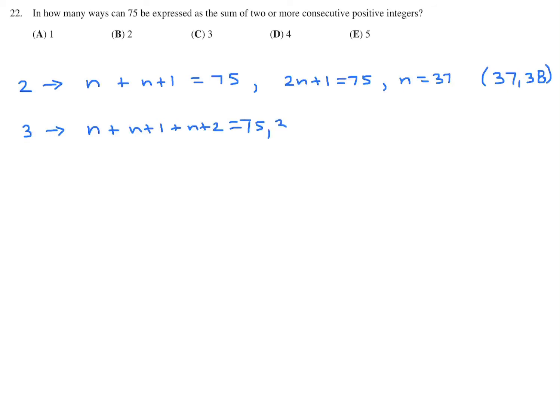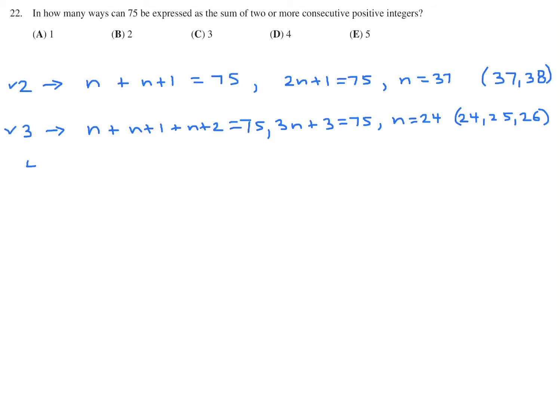So this looks like 3n plus 3 is equal to 75, and therefore solving for n, you'll get n is equal to 24. So this gives us 24, 25, and 26 as 3 integers that, when you add them up, give you a sum of 75. So we've got another way. One way, two ways. Let's keep going here.